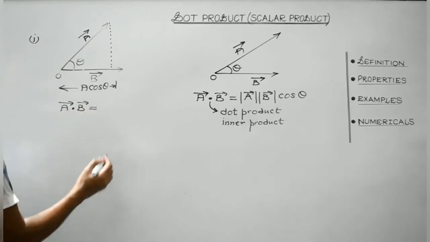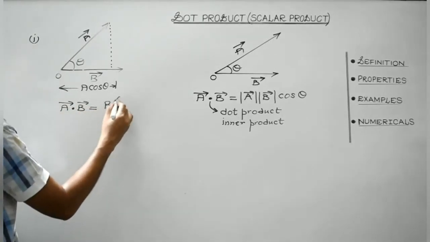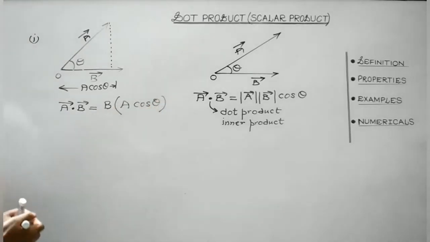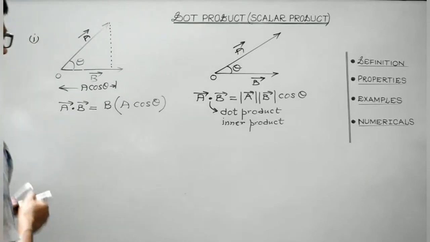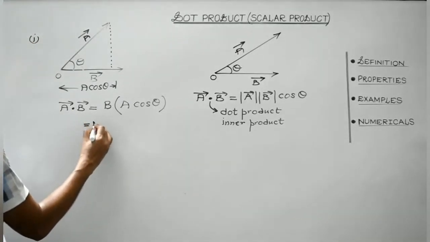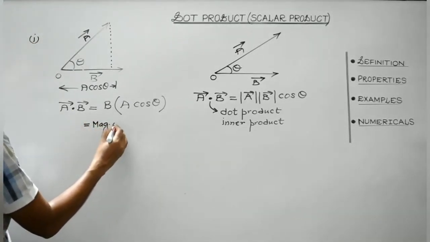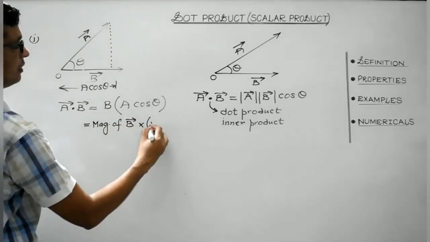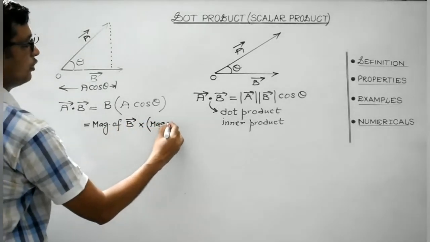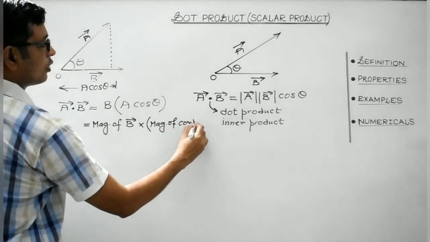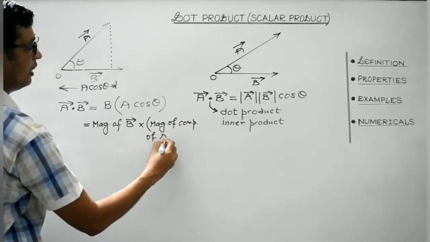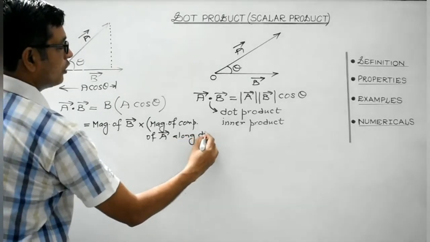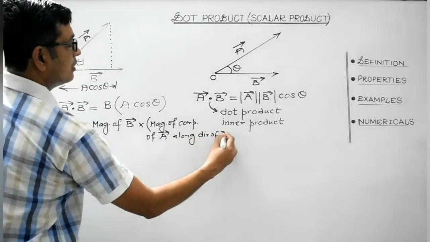Now look, A dot B may be written as B into A cos theta. We can easily write it like this. So how to define it? It is defined as magnitude of B multiplied by magnitude of the component of A along the direction of B vector.